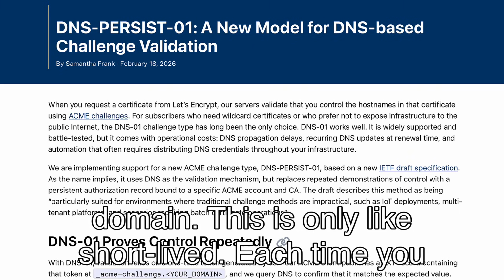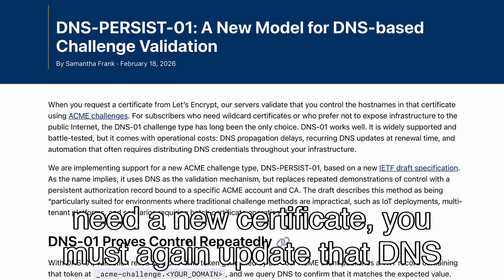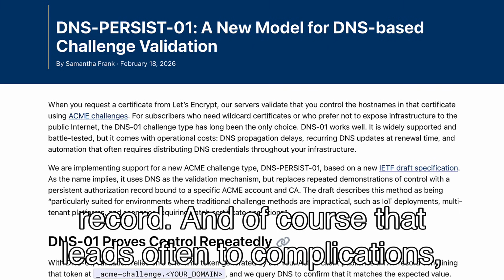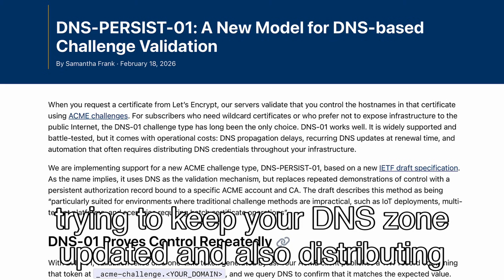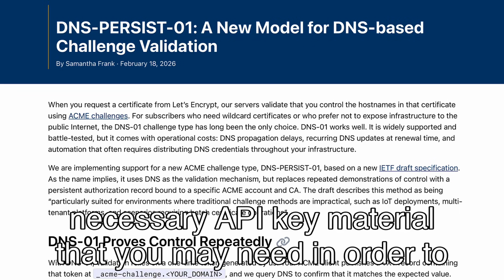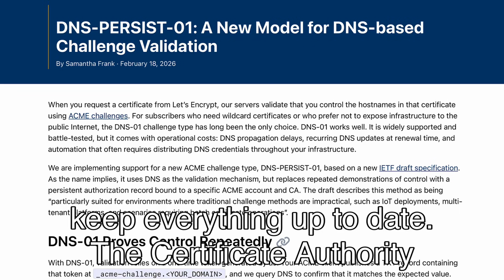This is only short-lived. Each time you need a new certificate, you must again update that DNS record. And of course, that often leads to complications, trying to keep your DNS zone updated and also distributing necessary API key material that you may need in order to keep everything up to date.